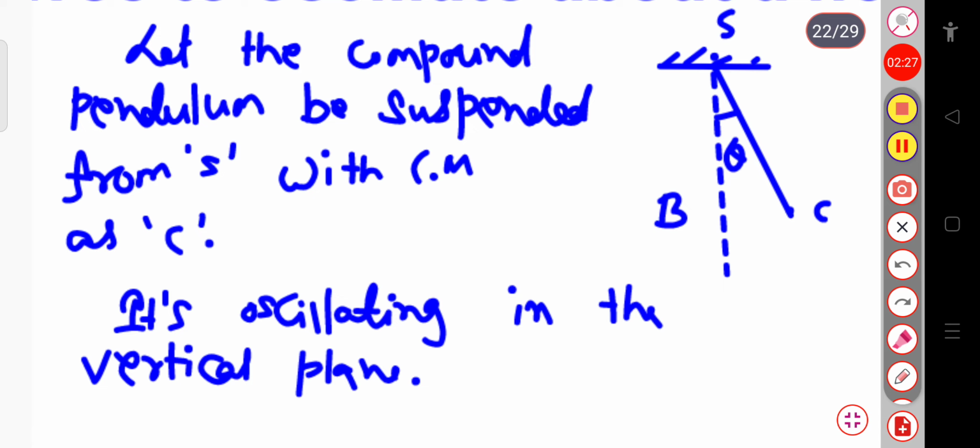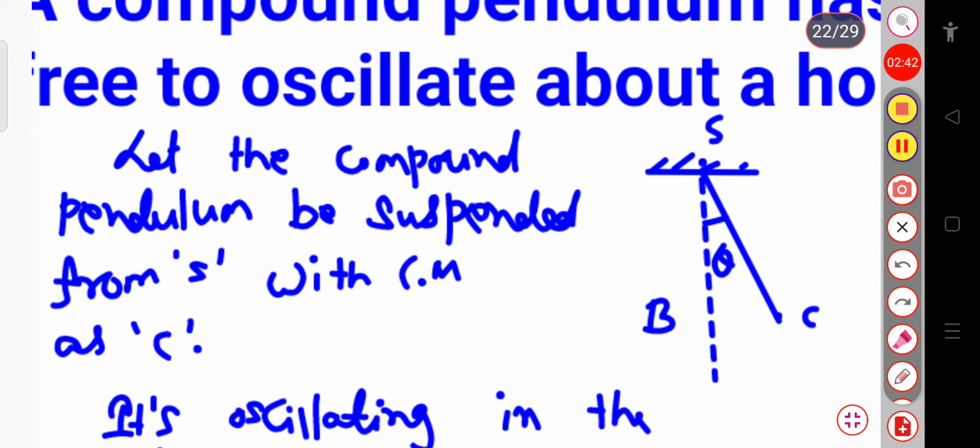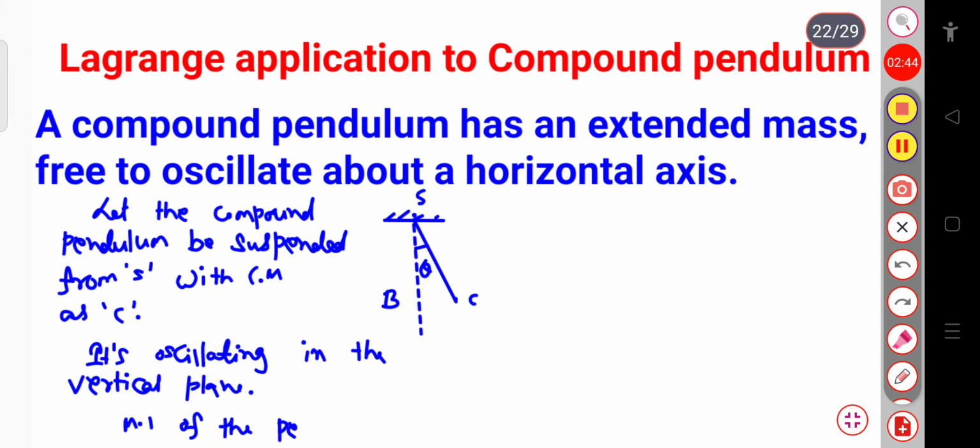So we can write the moment of inertia of the pendulum. What is our main aim? We want to calculate the equation of motion for this compound pendulum by using the Lagrangian method.